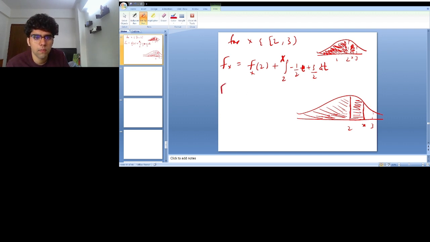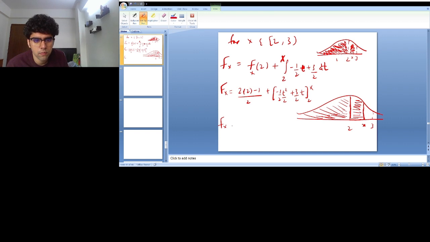So this gives me F of x as 2 into 2 minus 1 by 2 plus minus half t square by 2 plus 3 by 2 t from 2 to x.